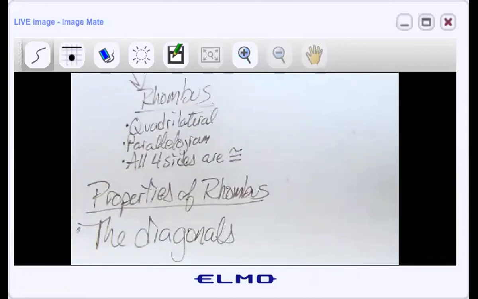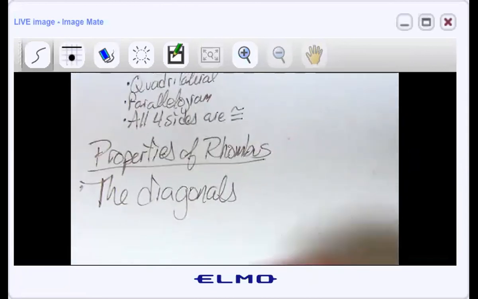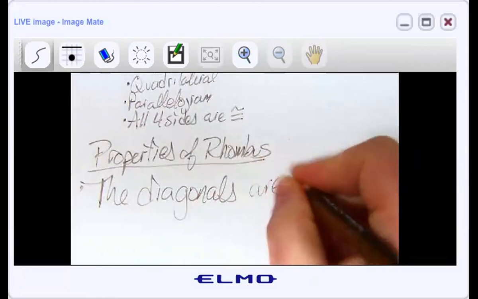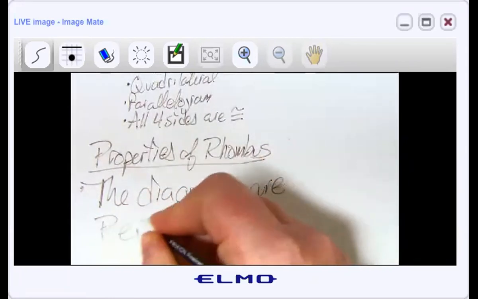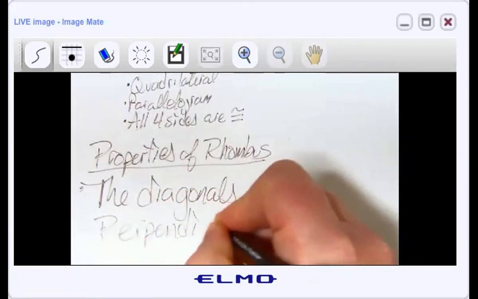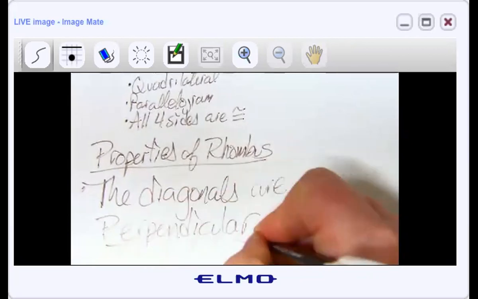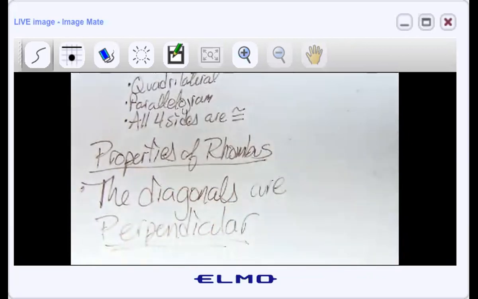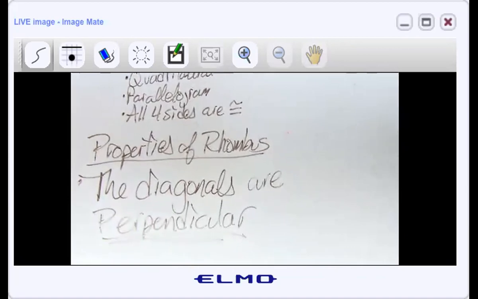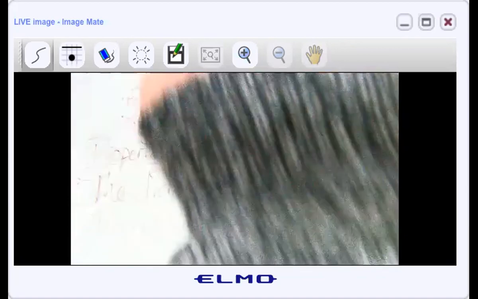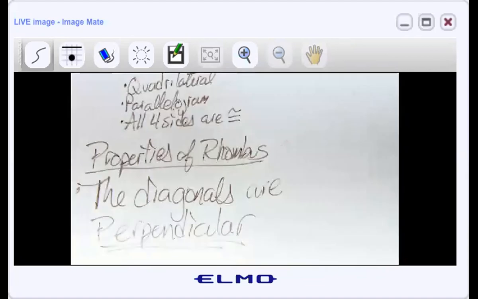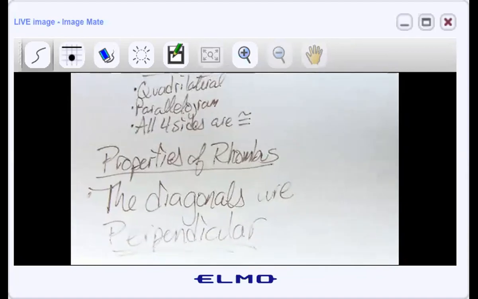The diagonals are perpendicular. Remember, that just means that they meet at 90-degree angles, if you forgot what perpendicular meant.